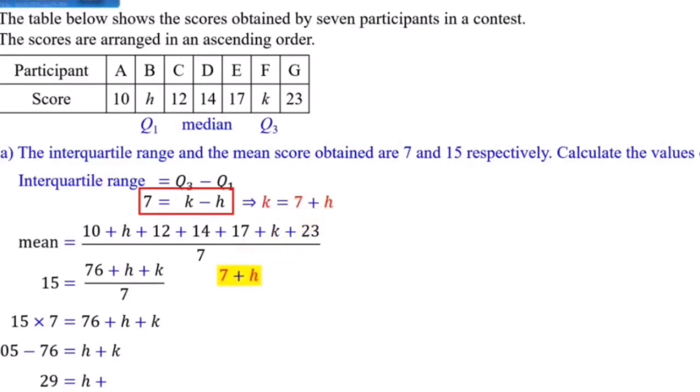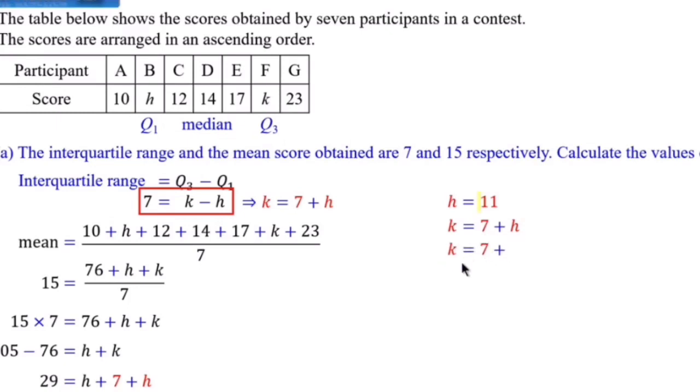So H plus H is 2H, and then 29 minus 7 is 22. So 2H is 22, so H is 11. Then how to find your K? Substitute your H into your K. So K is 7 plus 11. So the answer for K is 18.